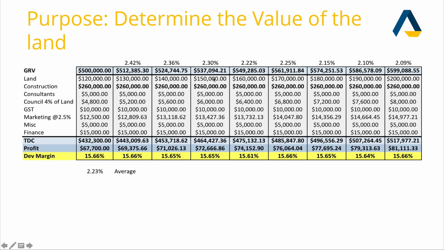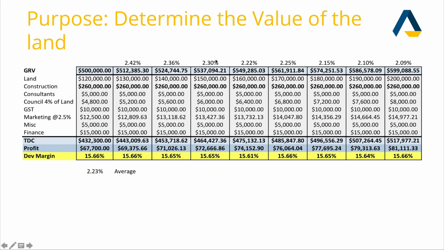that every time you are paying a little bit more for the land than what it's supposed to be, and this happens more when the market is growing, when the market is starting to take off, and a lot of buyers are competing for the same property, and some people think that they can pay a little bit more. Some people think that the market would have moved up by the time it's time for them to do the construction or the development, and hence they're willing to pay more.